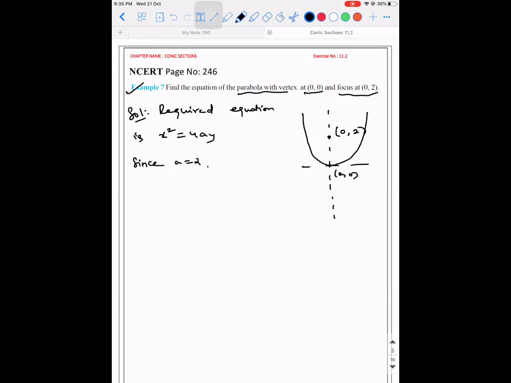Since a is equal to 2, substituting here, x square will be equal to 8y. That's it. In this exercise, the problems are very simple. x square is equal to 8y.